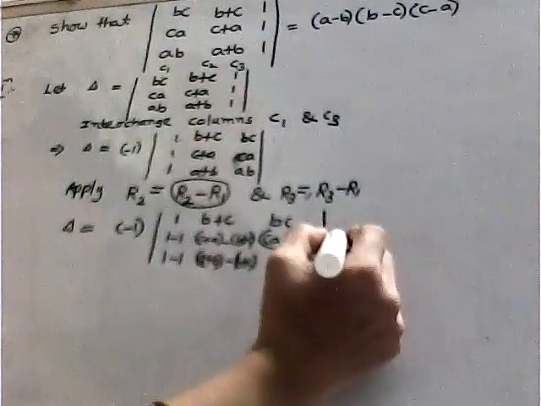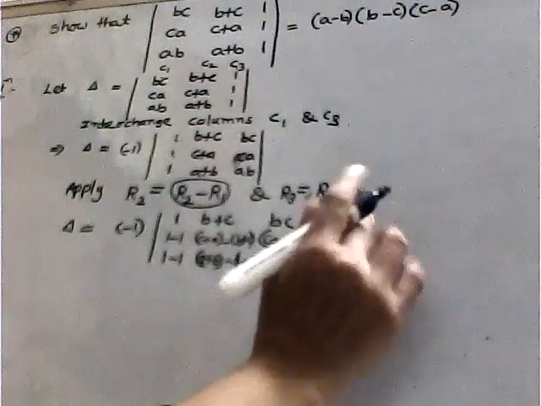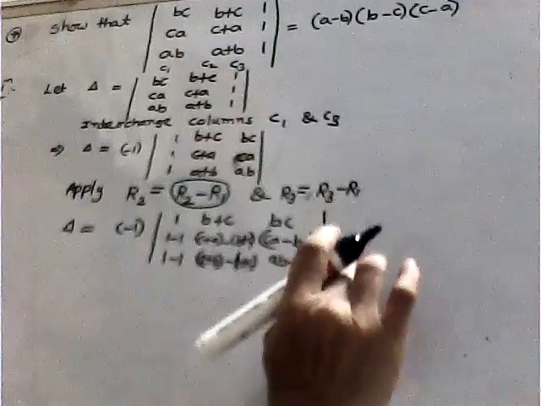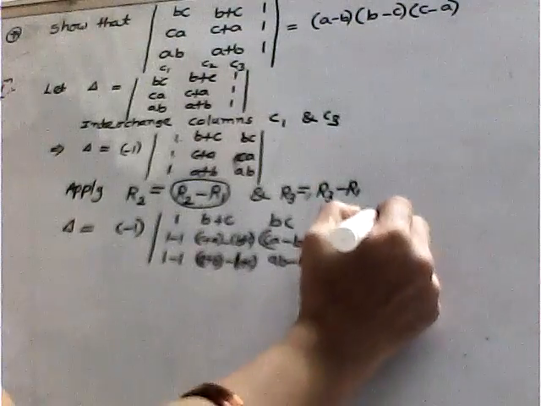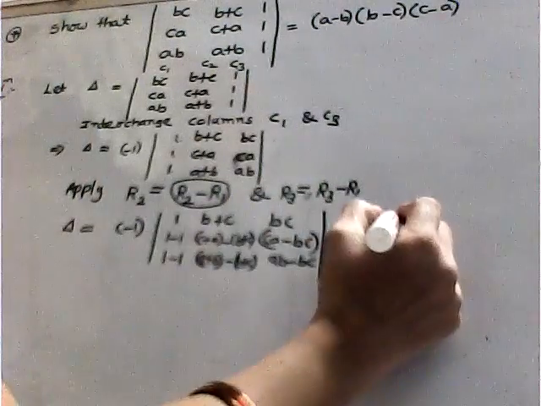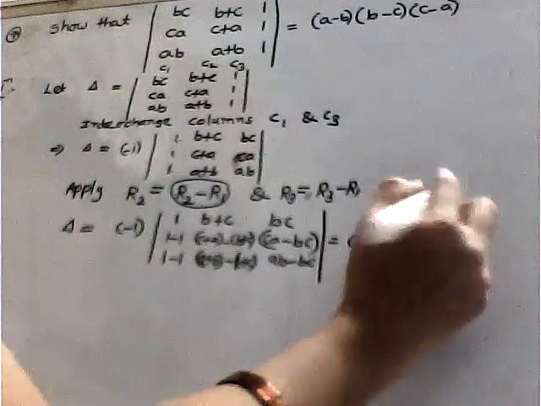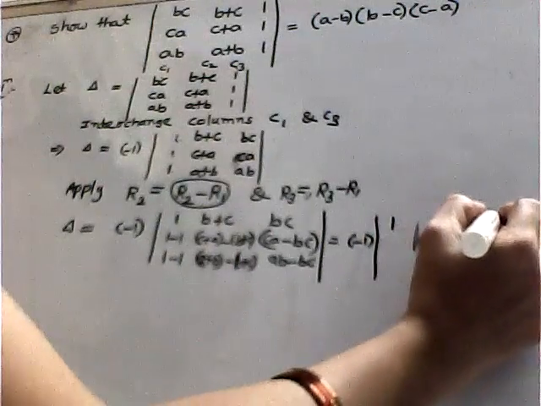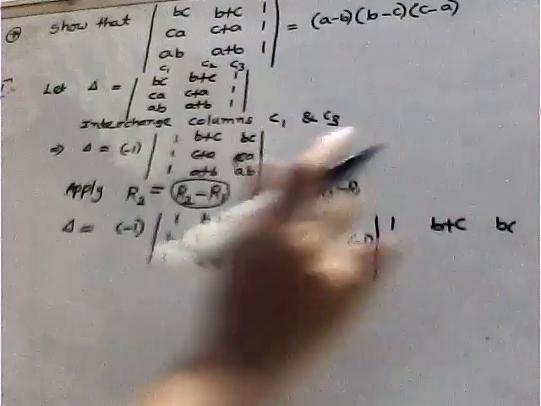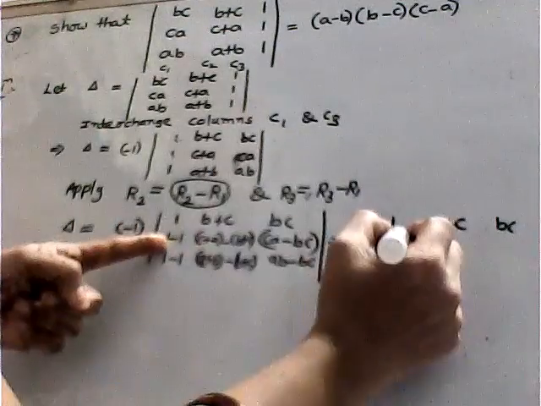After that, this will be equal to minus 1 into the determinant: first row 1, B plus C, BC. Second row, 1 minus 1 is 0.